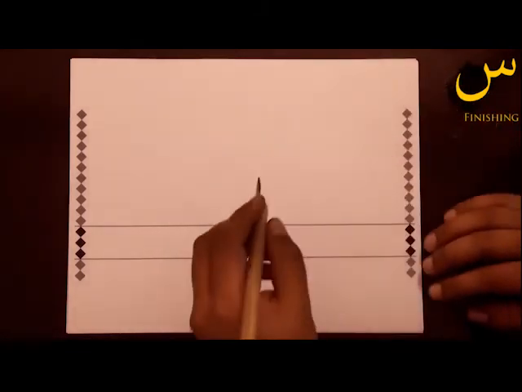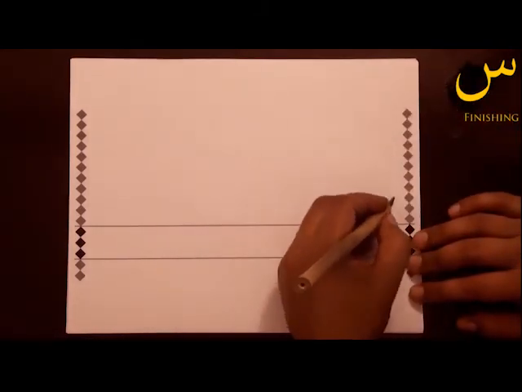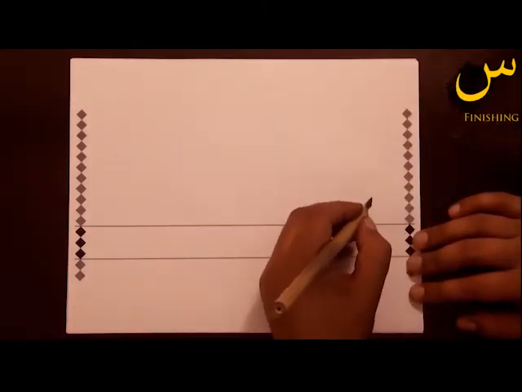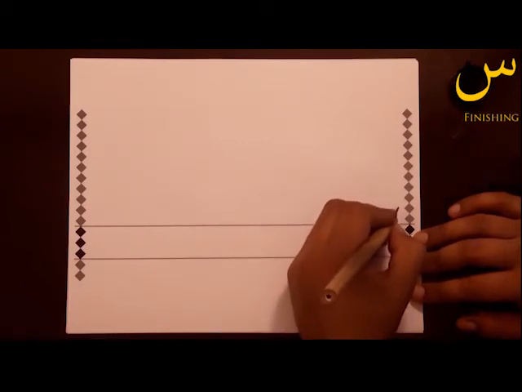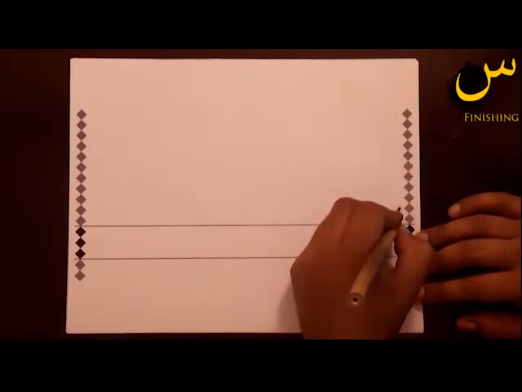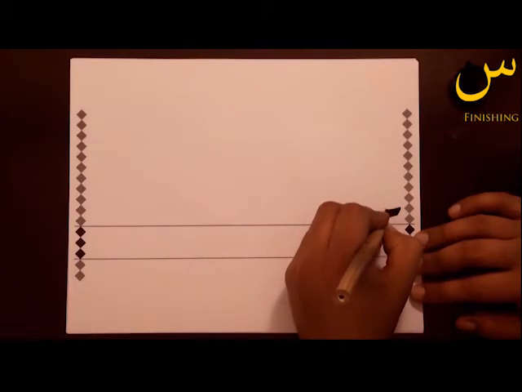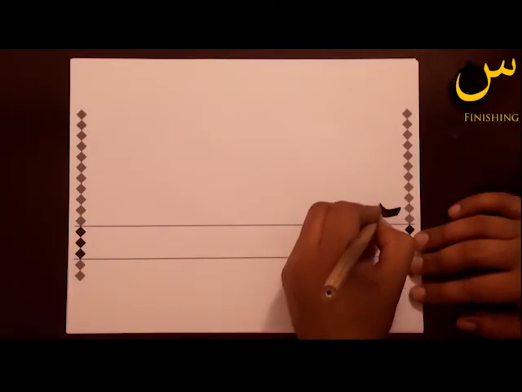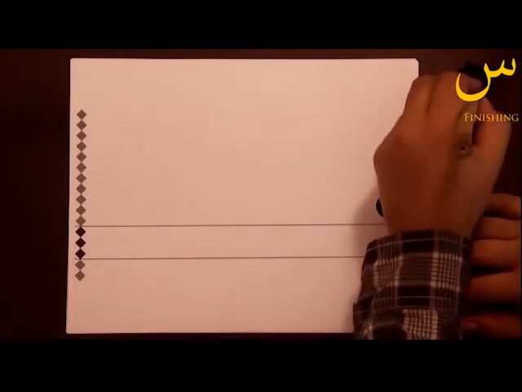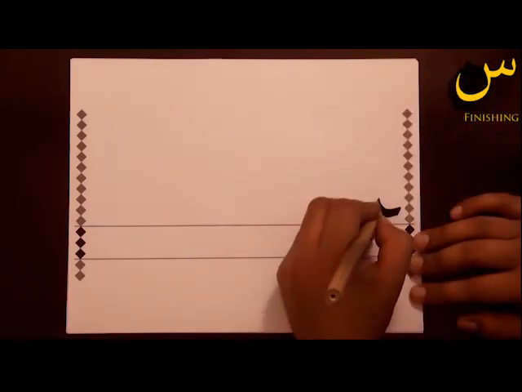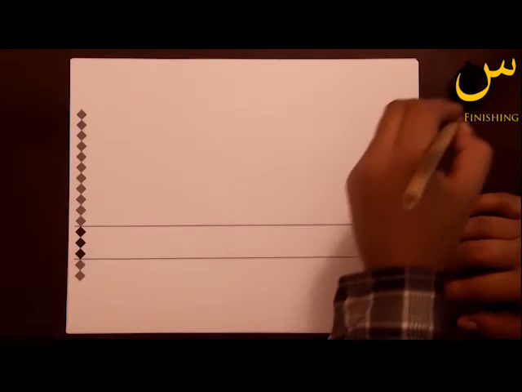When Seen appears at the end of a module, it is just like the individual letter, except that it would be connected on the right hand side. So here's the first bevel.